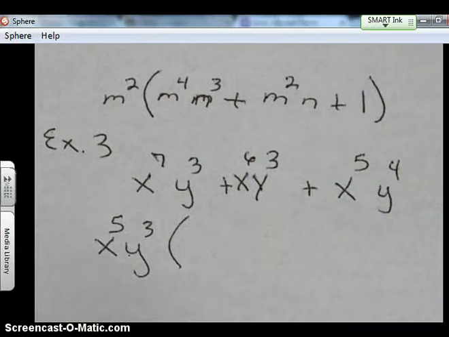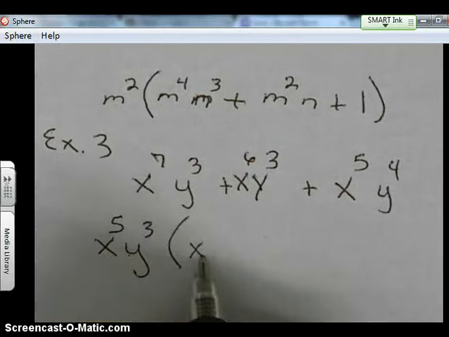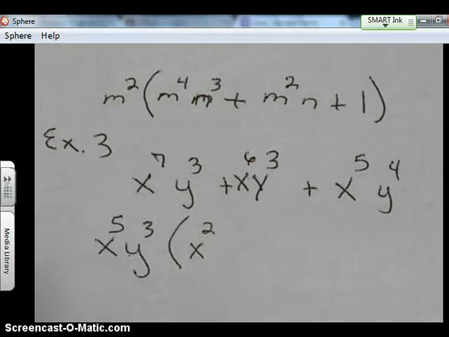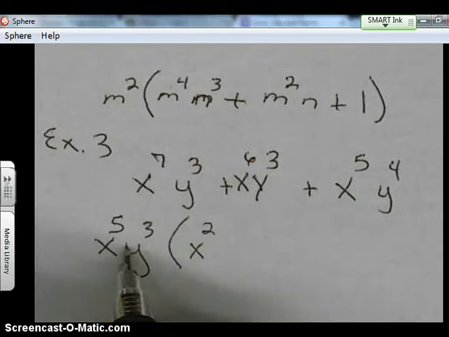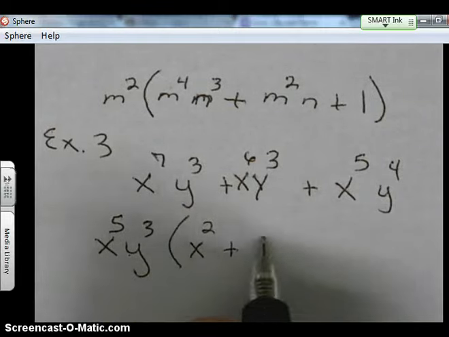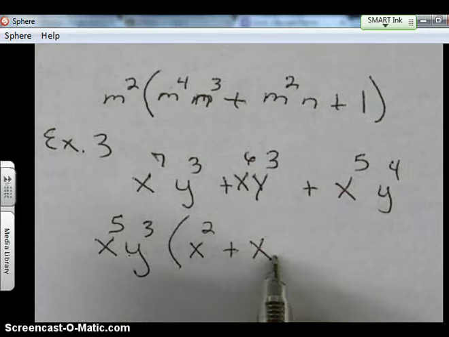So that leaves us with 7 minus 5, so that leaves us with 2 x's and no y's because we took all 3 out. So next term, we took 5 from 6, leaving us with 1 x. Took 3 from 3, leaving us with no y's.